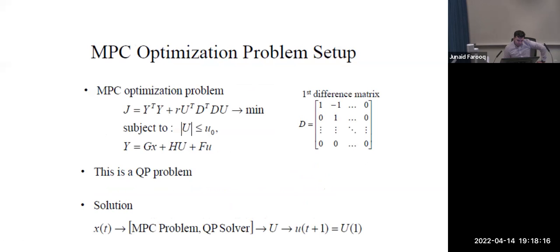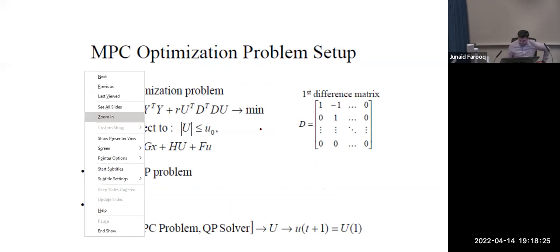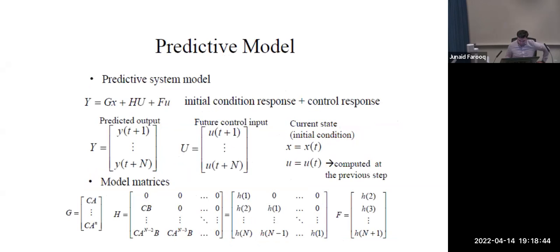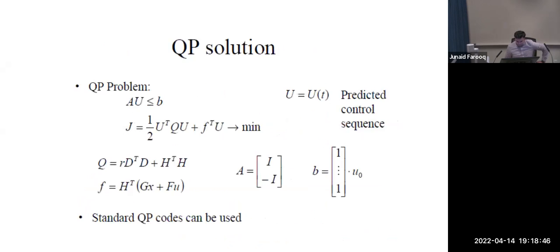Now, from the compact representation, we saw the MPC problem can be written in the matrix form as follows. So again, to make it computer friendly, because previously this type of cost function is hard to put into the computer. You can put it, but you have to use some for loops and make the summation part of the MATLAB implementation.